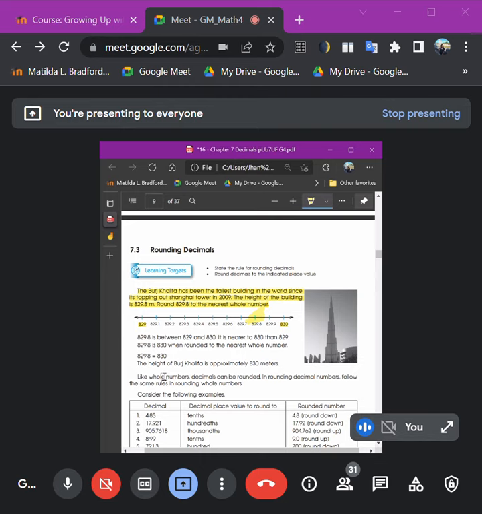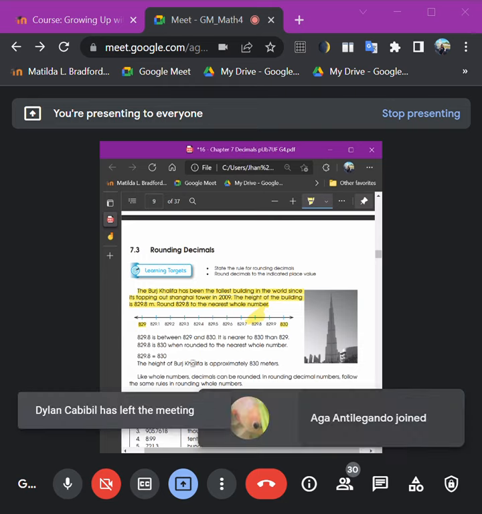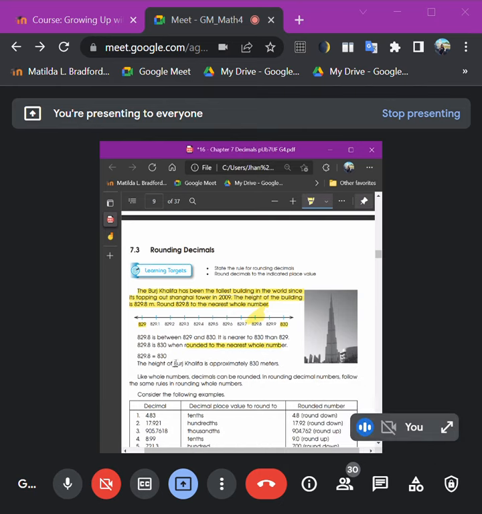So it means to say, class, that in our 829 and 8 tenths, 830 is the number or the closest or the nearer one to our given nga decimals. So that is the rounded to the nearest whole number. And that would be the answer. Or you can have there the height of the Burj Khalifa is approximately 830 meters.